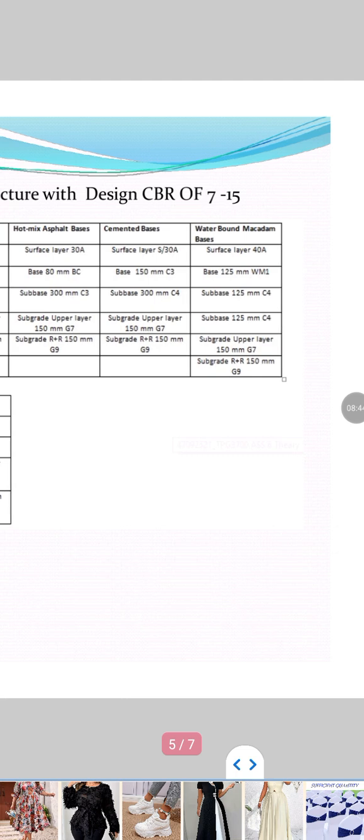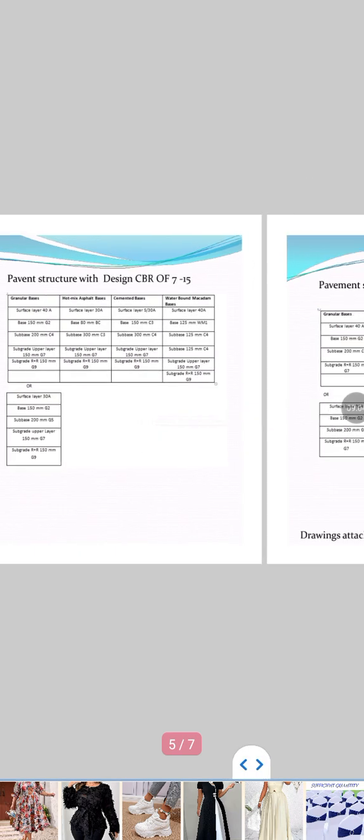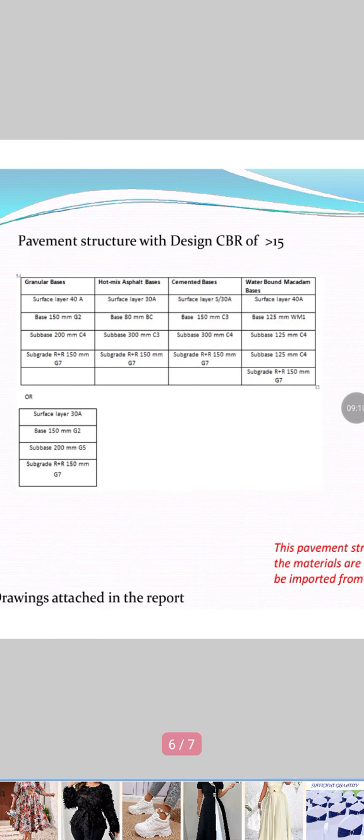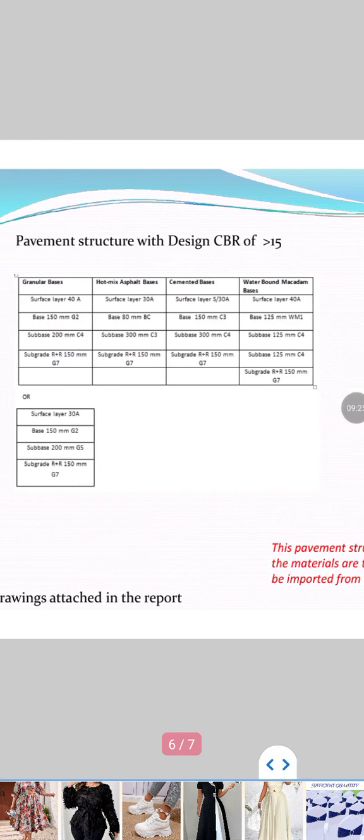For waterbound macadam bases, we find that we can use a surface layer of 40A, a base of 125 millimeter WM1, and then a sub base of 125 millimeter C4, and another sub base of 125 millimeter C4, and the subgrades. But for the one with a CBR of greater than 15, the subgrade will be different. It's the very same thing, but the subgrade will be different. Our subgrade, we only rip and recompact G7.